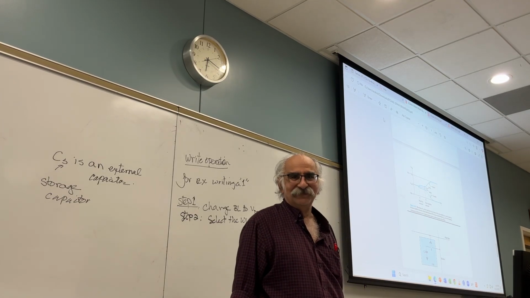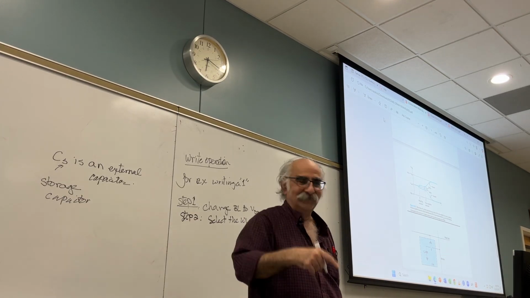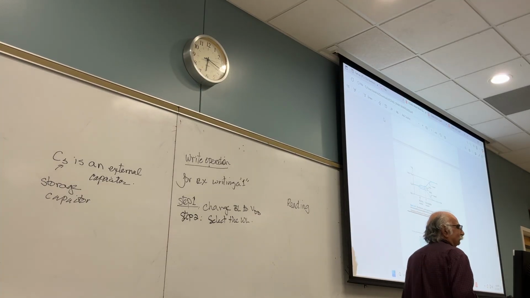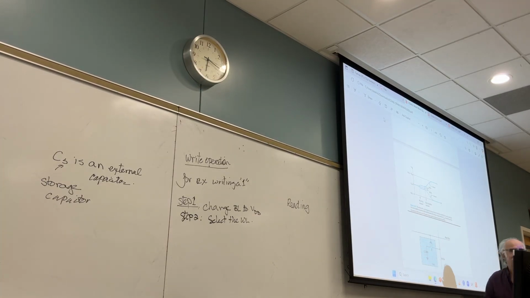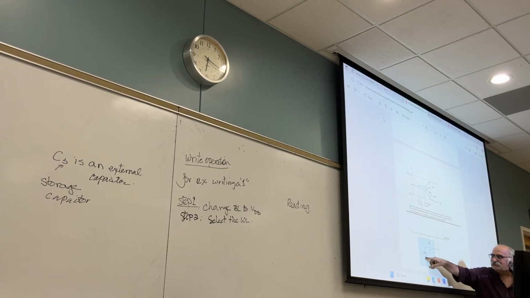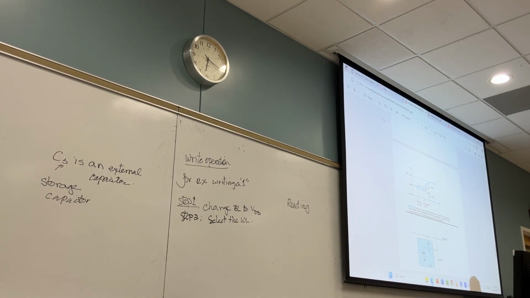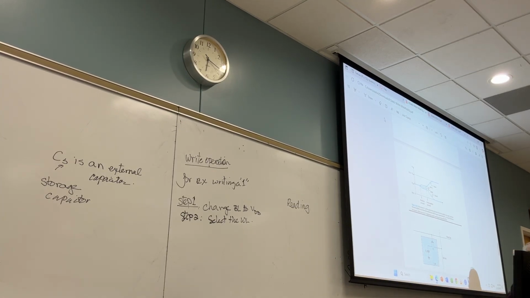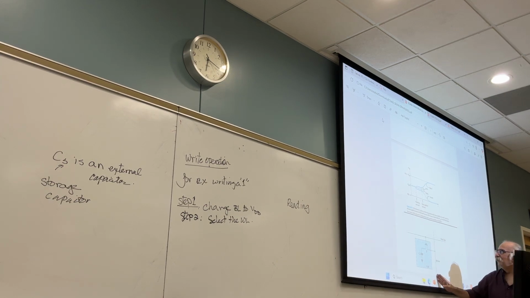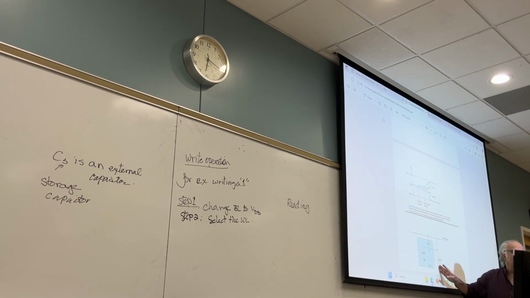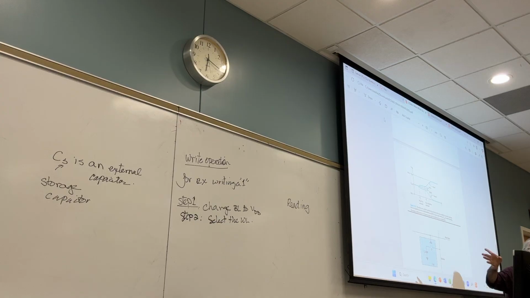Reading. What do I want? I want to read what is in there. Clear? Okay. What do I do? Follow me here. Again, a bit line, I precharge it to, let's say, VDD over 2, similar to the DRAM.